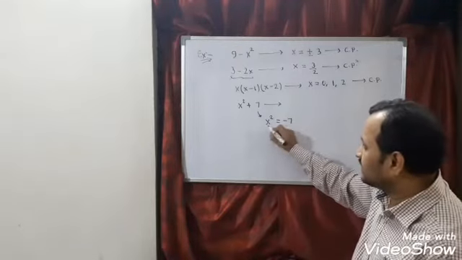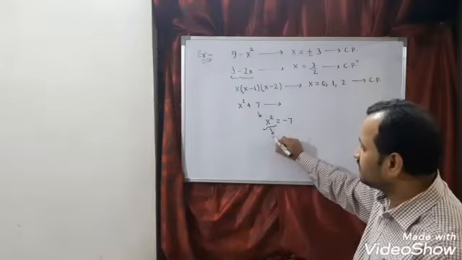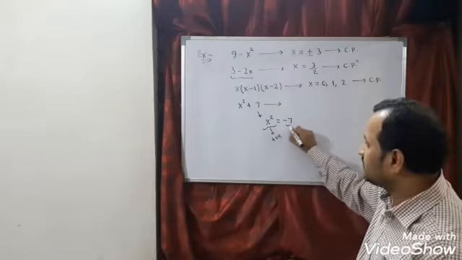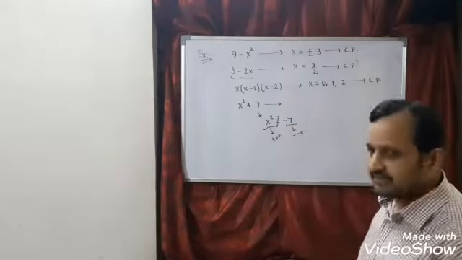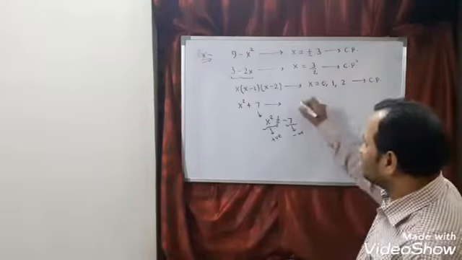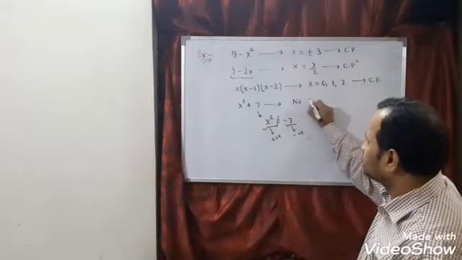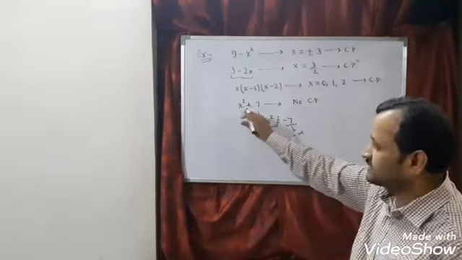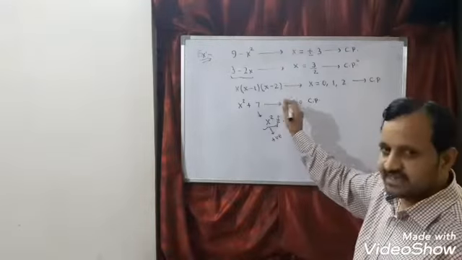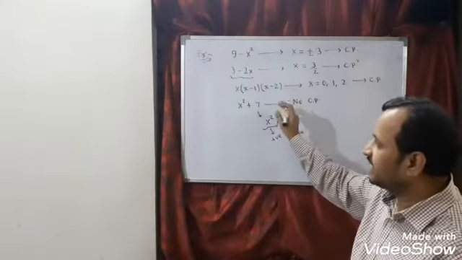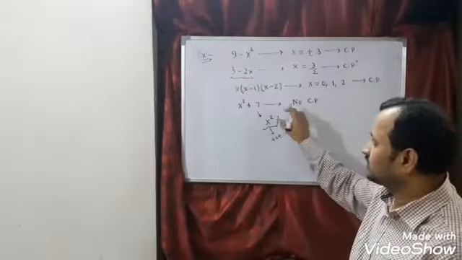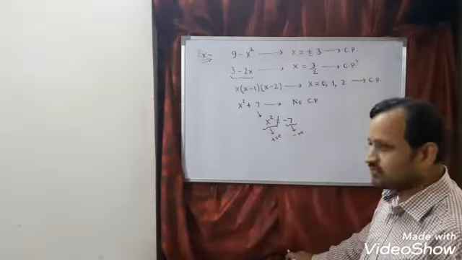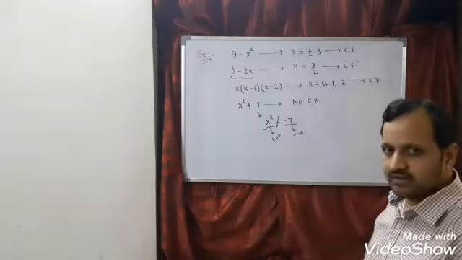And this is nothing but a positive term, and this is a negative term. So a positive term can never be equal to a negative term. So I can say no critical point. You will not find any value of x which will satisfy this. So there is no critical point for x square plus 7. I think it is clear.